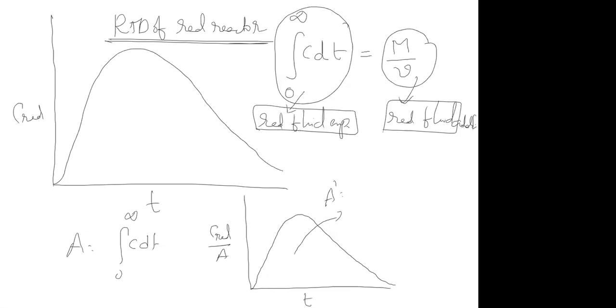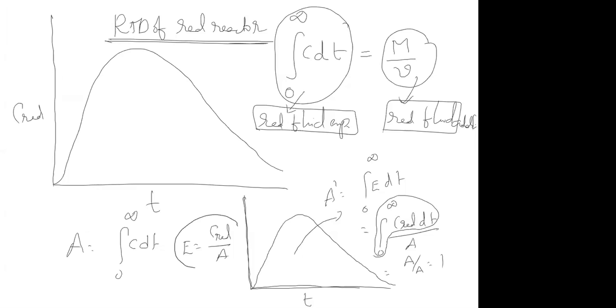A prime is nothing but integral 0 to infinity of E dt, where I call this coordinate the E curve. What is E dt? Integral 0 to infinity of C dt divided by A. But this entire thing is A, no? A divided by A is 1. So the area of this curve is 1, which is called the E curve.